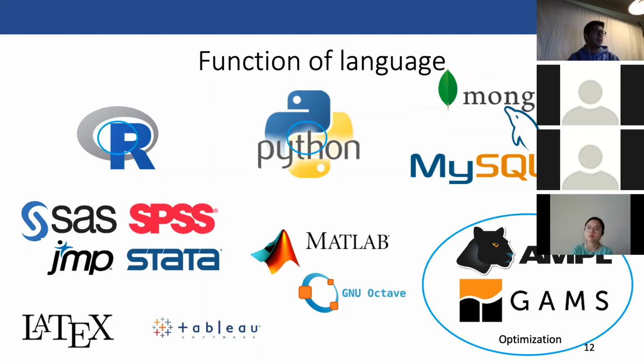Optimization software. AMPL and GAMS are both commercial software that can do optimization of sort of any form.